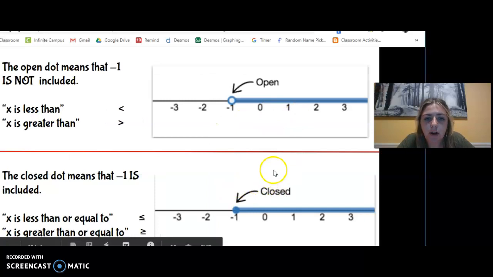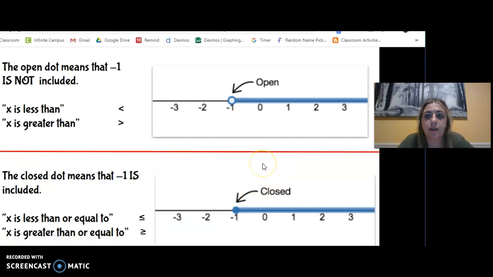And then the other part of inequalities are open and closed dots. So the open dot, as in this top example, means that -1 is not included in the solution. So a solution set is just all the numbers that make the inequality true.